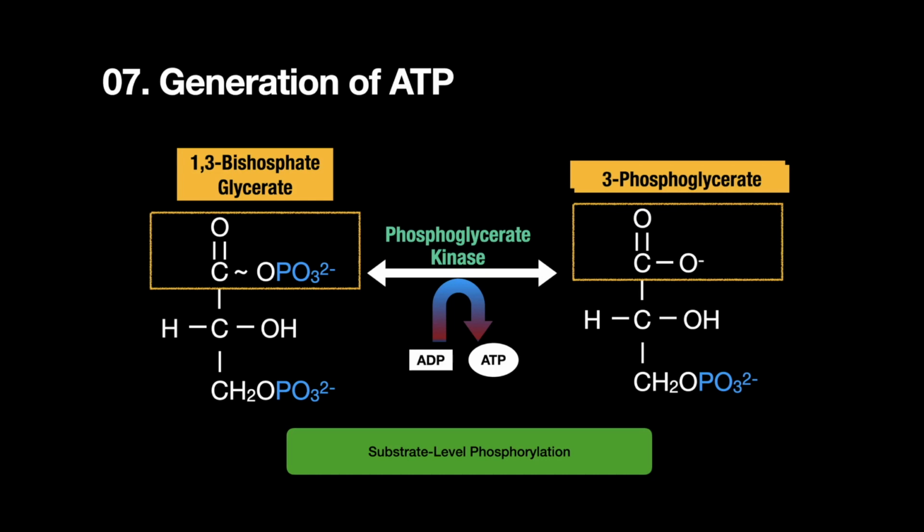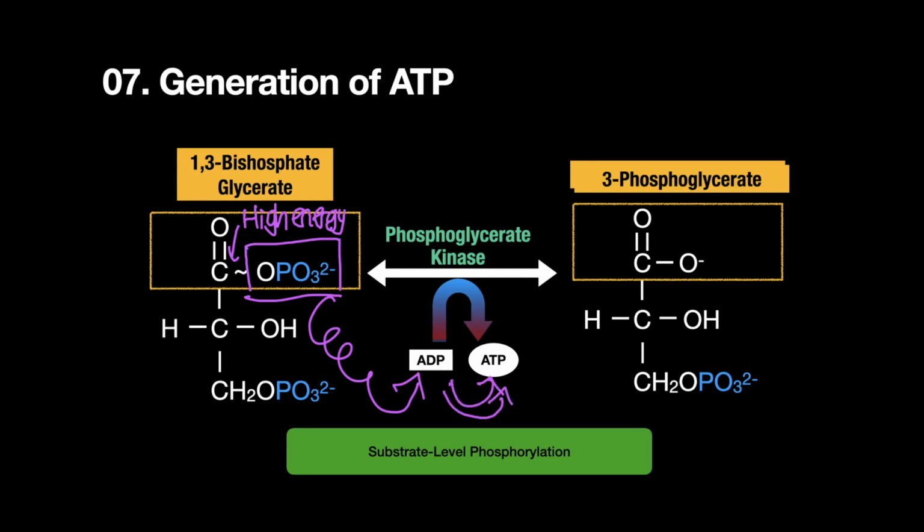1,3-bisphosphate glycerate is converted by phosphoglycerate kinase to 3-phosphoglycerate. During this process, the phosphate group which causes 1,3-bisphosphate glycerate to have a high energy bond and its instability is transferred to ADP to form ATP, and this makes the product 3-phosphoglycerate more stable.